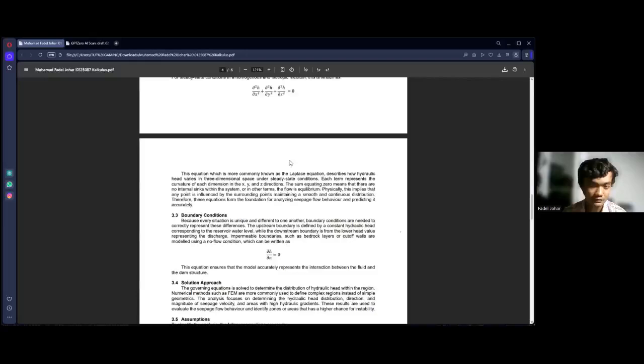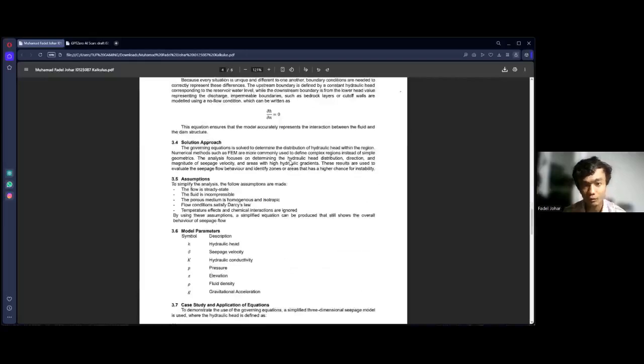The approach we will take is we will use the governing equations to determine the distribution of hydraulic heat within the region. Numerical methods such as the finite element method, or FEM for short, are more commonly used to define complex regions instead of simple geometries.